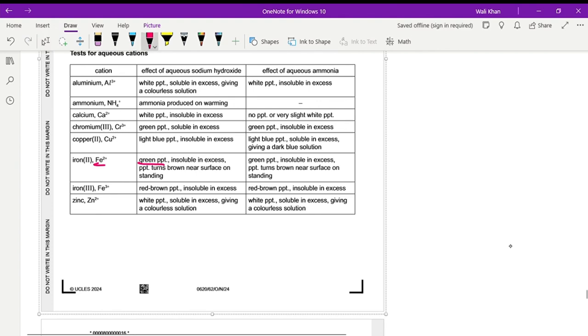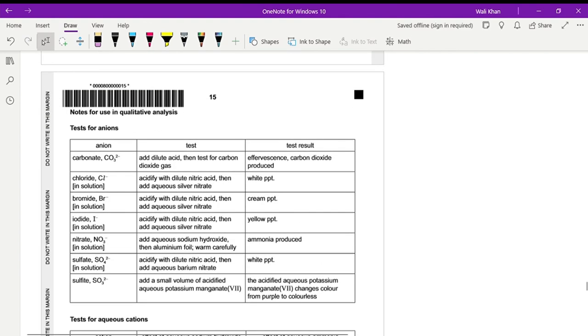Then iron, green precipitate. Bromide: acidify with dilute nitric acid, then add aqueous silver nitrate, cream precipitate.